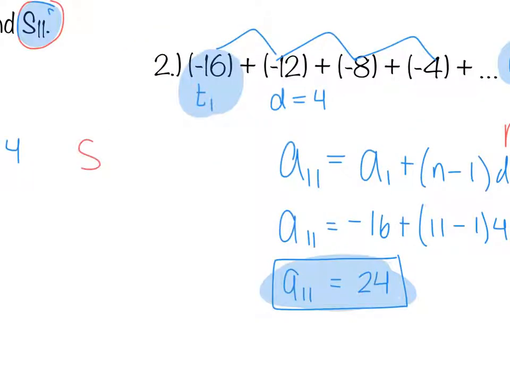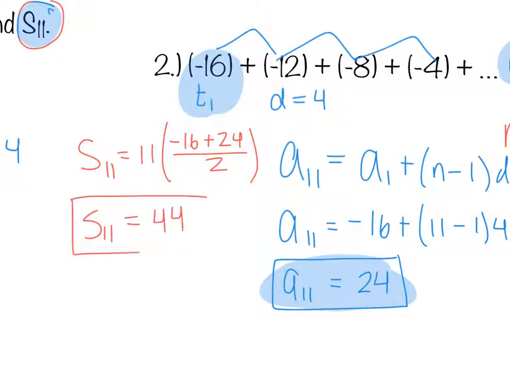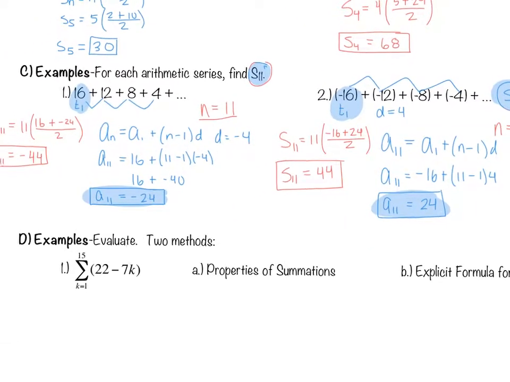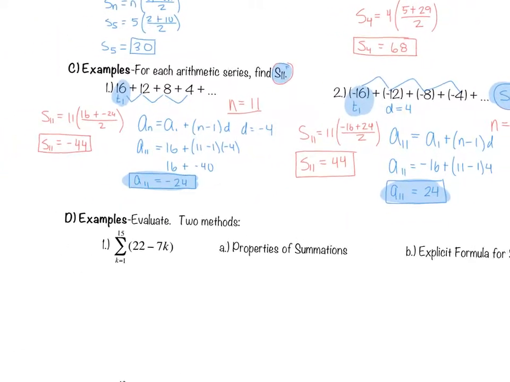The sum of the first 11 terms is going to be 11 times the first term plus the last term over 2. Negative 16 plus 24 is 8. 8 divided by 2 is 4. 4 times 11 is 44. And there you go. So then we found the sum of that sequence. Even though we didn't know the last number, we could figure it out using our sequence rules, our sequence formulas.